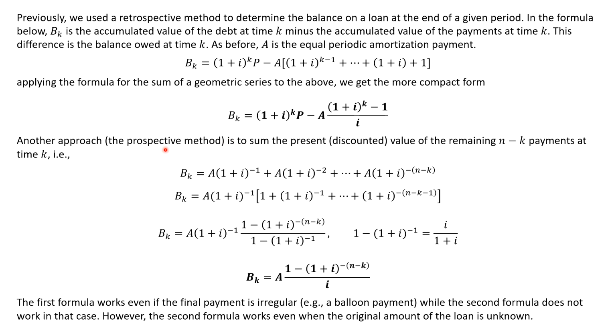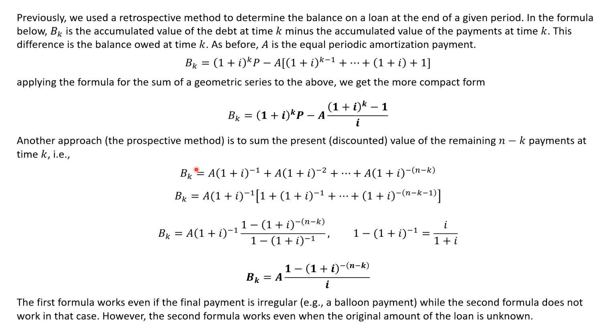What I wanted to show here, there's another approach to finding B sub k, and that is to sum the present discounted value of the remaining n minus k payments at time k. So that's these here. It's just how much value each of these payments would have at time k, and so that's the present value calculation.